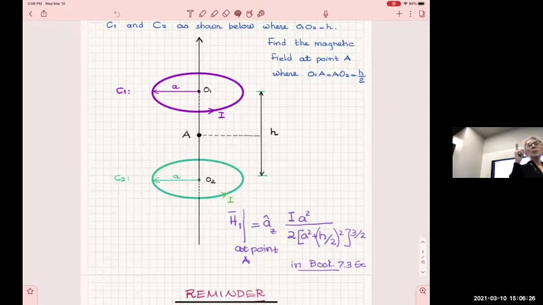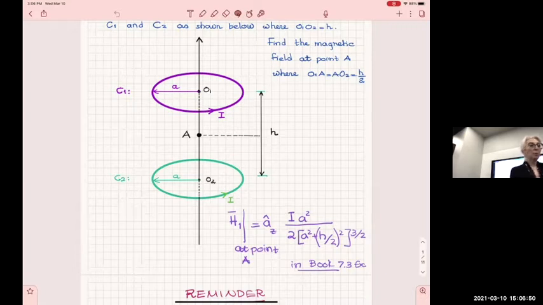Obviously, when you go from one solution and use the outcome of that solution for something else, pay attention to the variables, pay attention to orientation, all right? Don't just plug in one formula. Pay attention to what magnetic field you have for a given direction of the current.